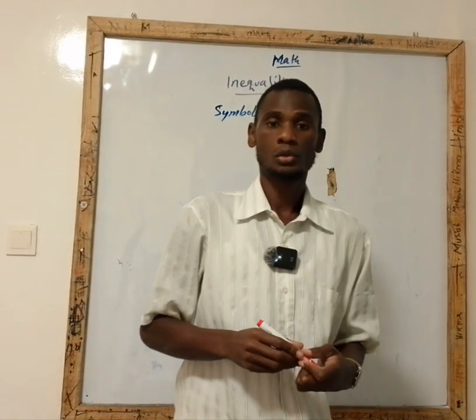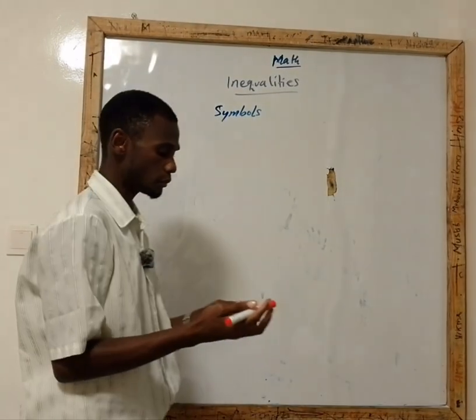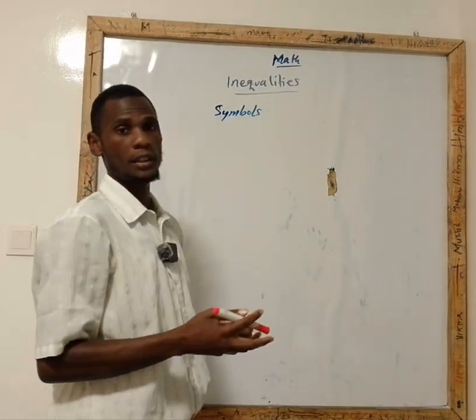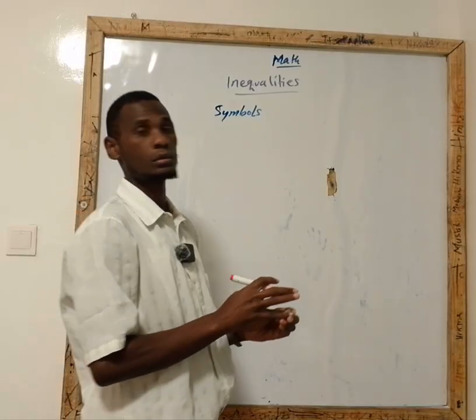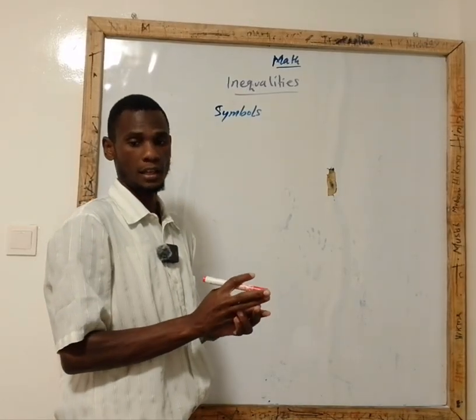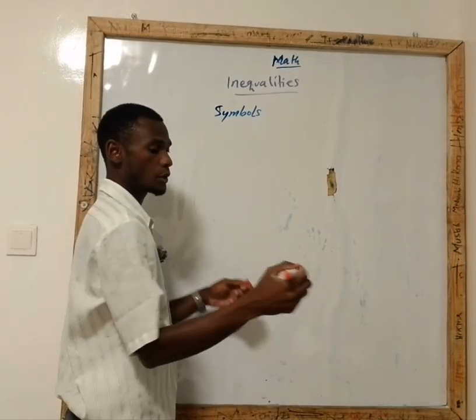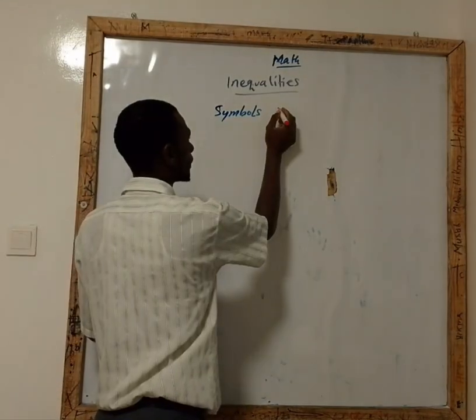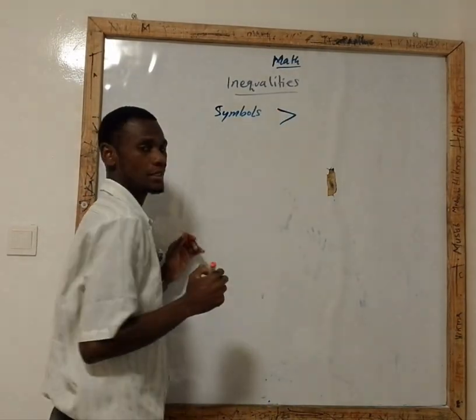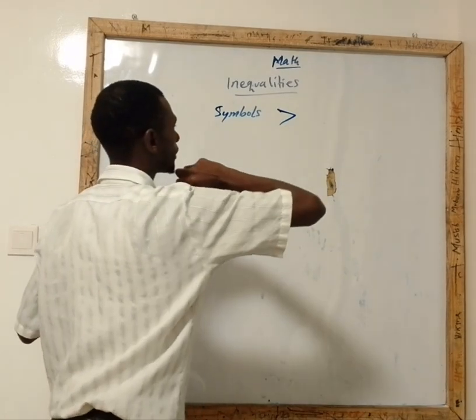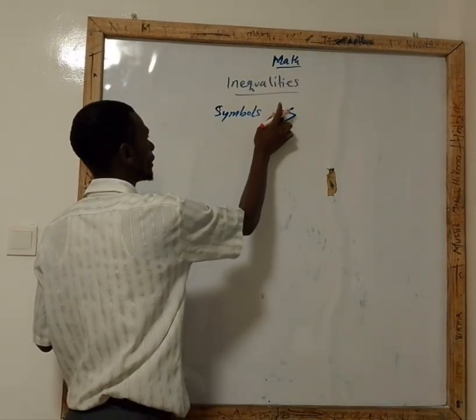Mostly we use two symbols. They can of course be even three, like we have equal to, we have less than, we have greater than. So the symbols of inequality, we have this symbol here. That symbol is the right symbol that faces the right hand side.